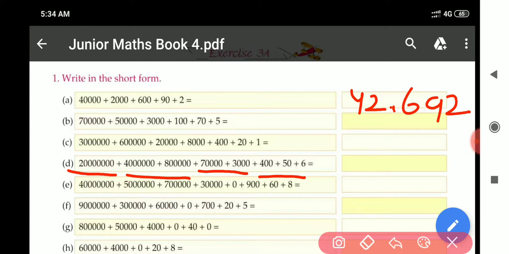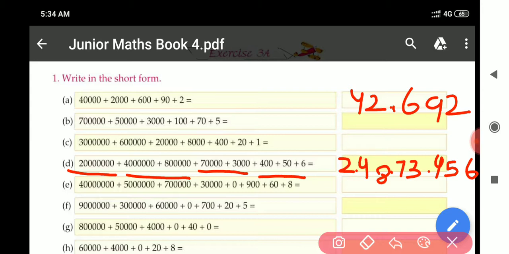So how do we write? 2 crore 48 lakh 73,000 comma 456. We divide the numbers in periods and then we write it like this.